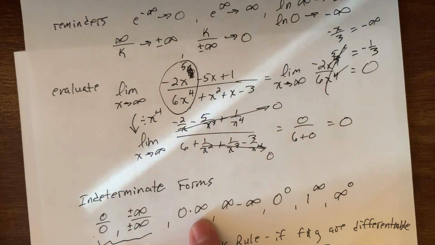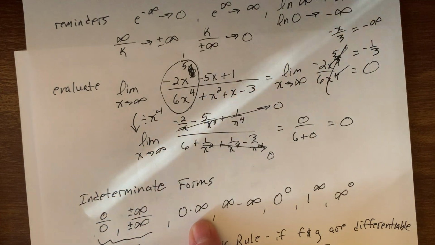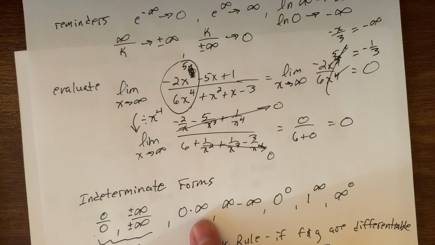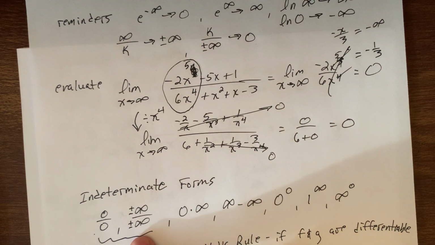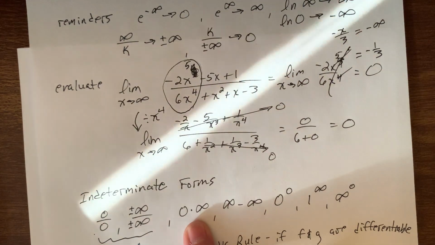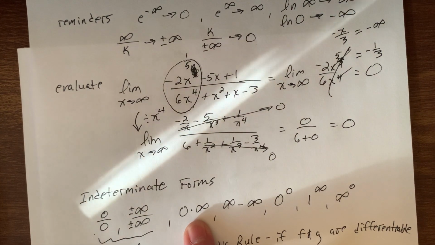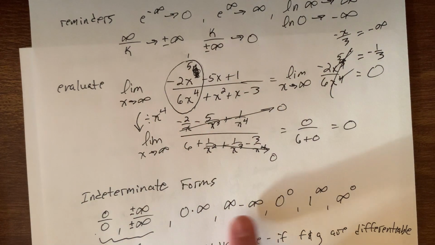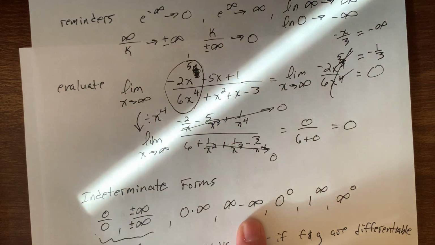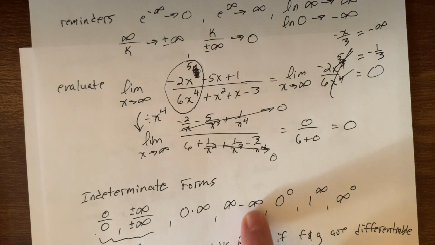So this is indeterminate, but I can't apply L'Hopital's rule, right? I can only apply L'Hopital's rule for these two forms. So what am I going to do if I'm in this form? I need to make it into a fraction. Same thing here, everybody. All of these first two are just about making things into fractions. This is typically just getting a common denominator.